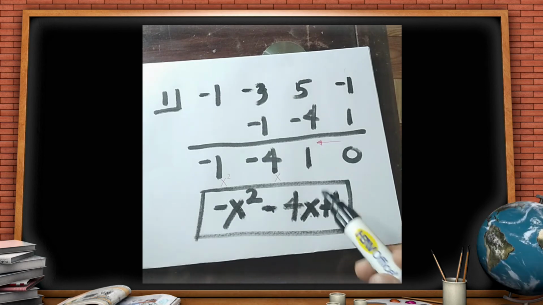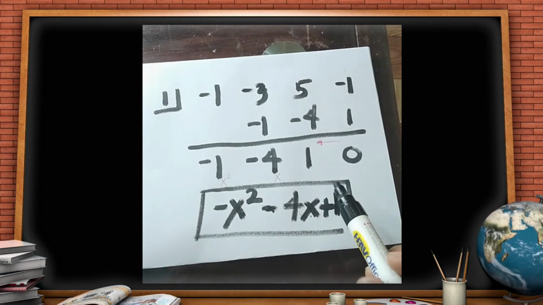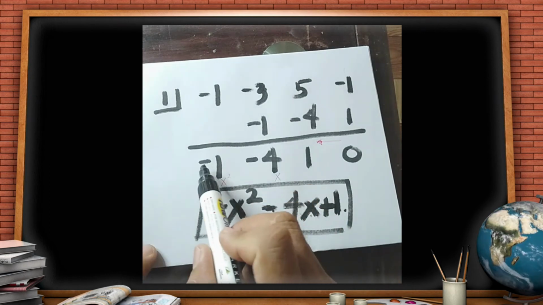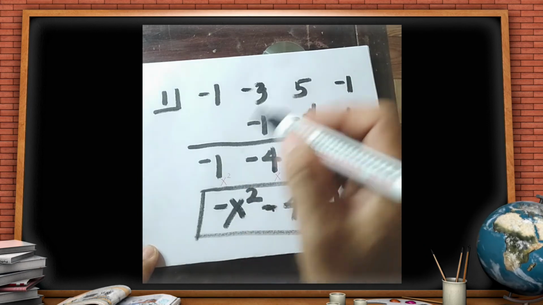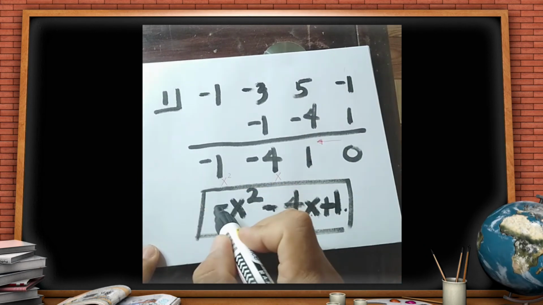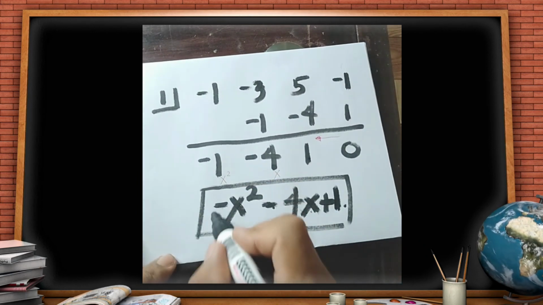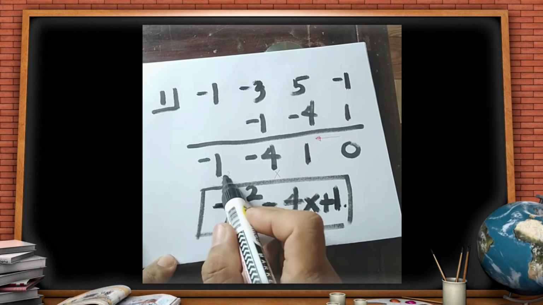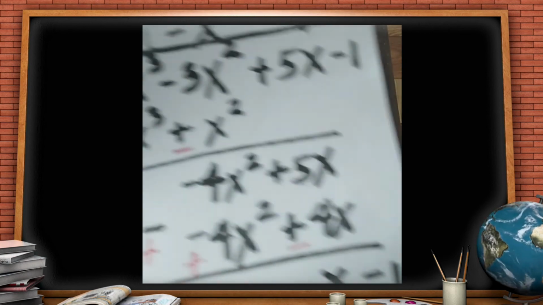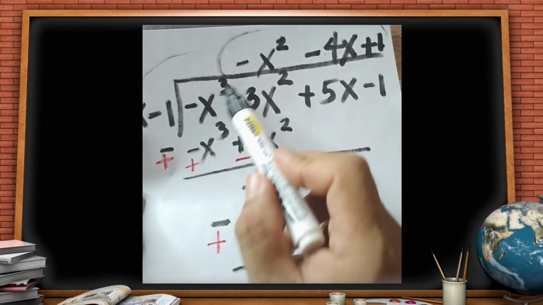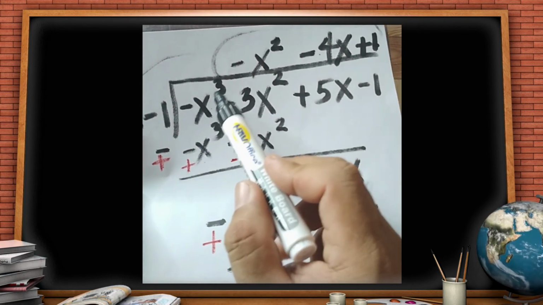Pwede rin naman, ang gawin nyo ganito. Pag nakuha nyo na yung negative 1, negative 4, saka positive 1 na yan, ang gawin nyo is, ilagay mo na agad yung negative. Then, yung 1 di na ilalagay. Tapos, ang gagawin natin, pupunta tayo sa ating original problem. Ito, x cube ang nauuna. Babawasan po natin yan ng isa.